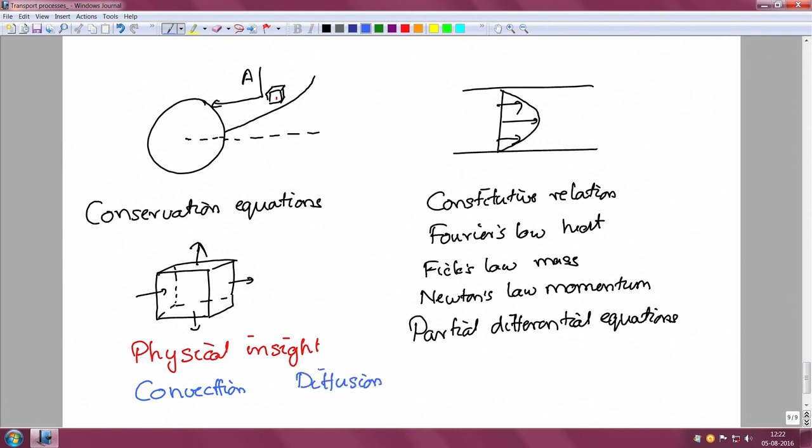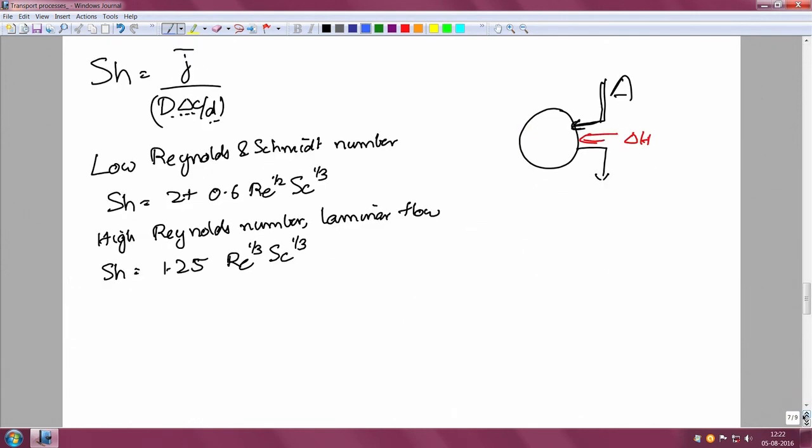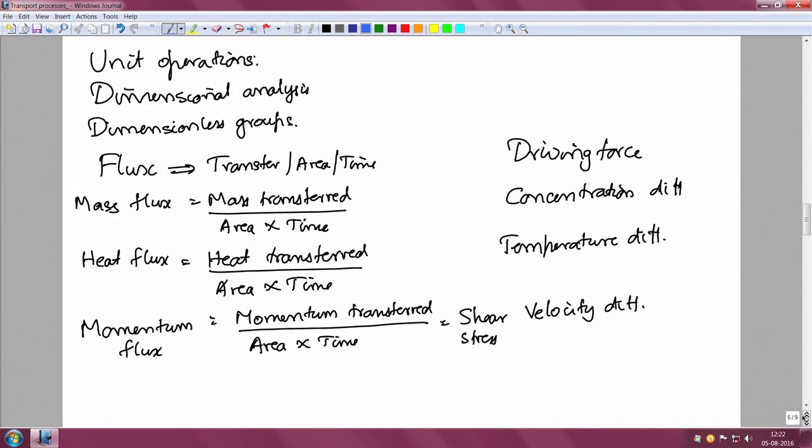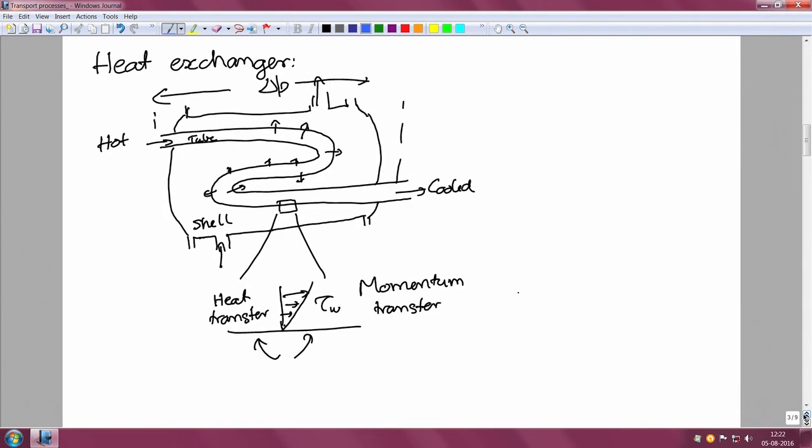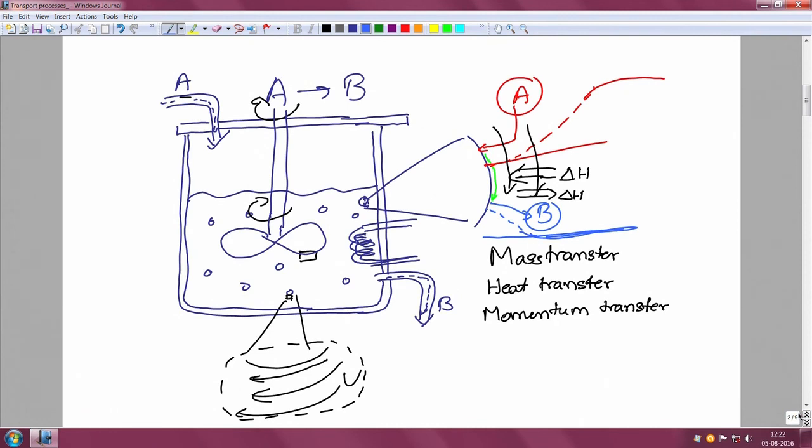And this balance between convection and diffusion is what will determine the rate at which transfer takes place. So, for example, in the problem on reactor design for the catalyst surface, as the fluid is being mixed around, that fluid is carrying with it all of the reactants and products.